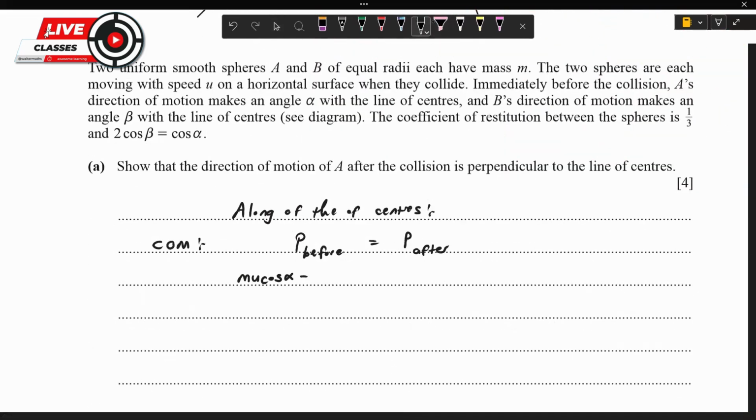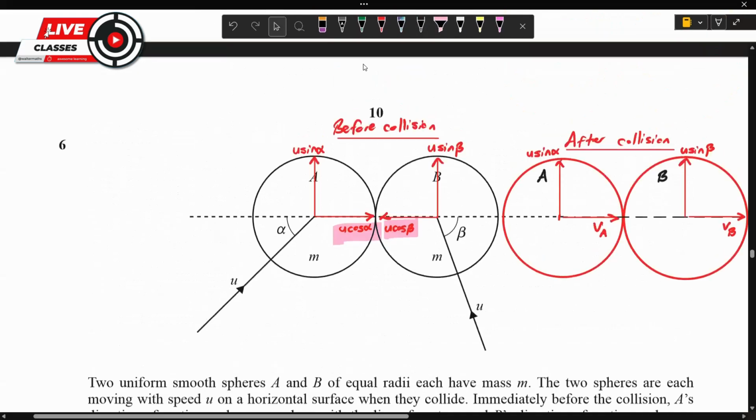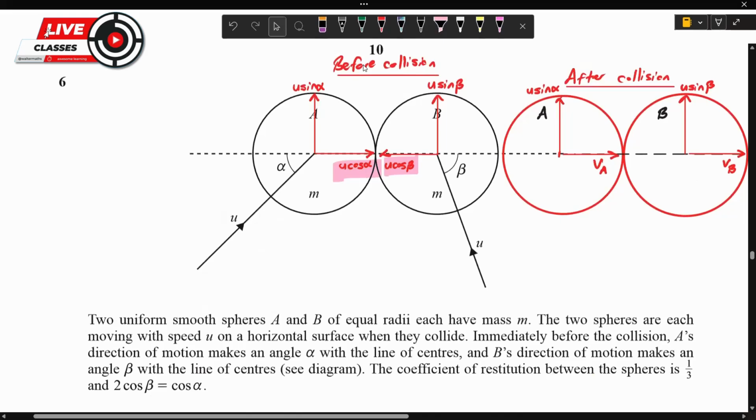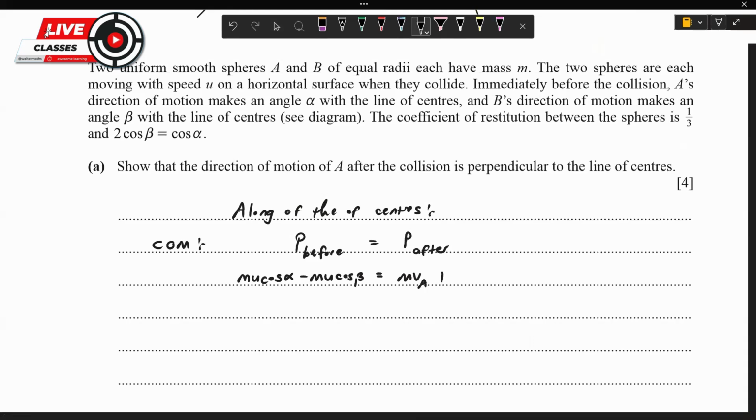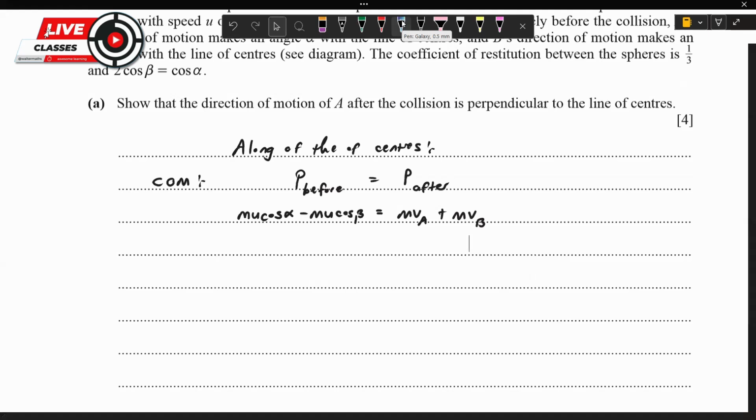So minus m u cos beta. And this is equal to, for the momentum after collision in the line of centers, m VA plus m VB. Now we can rearrange this so that VA plus VB is equal to, and we can factor out u, so that's u of cos alpha minus cos beta. I'm going to call this equation 1.